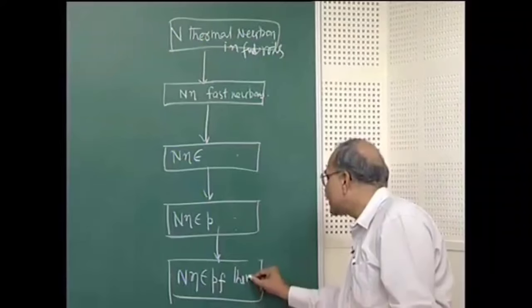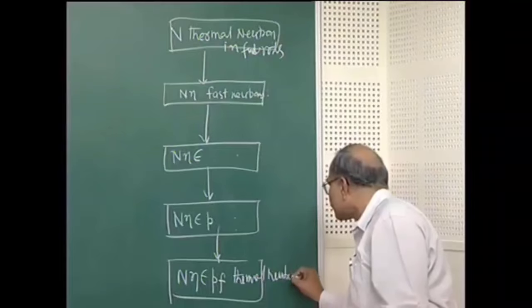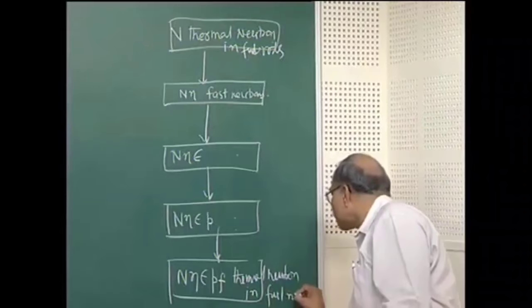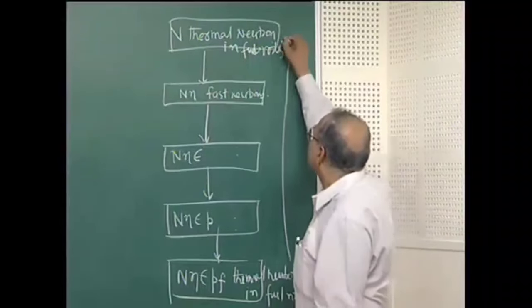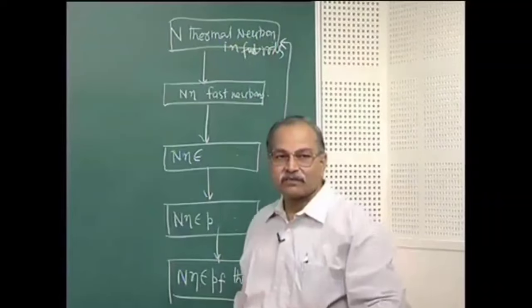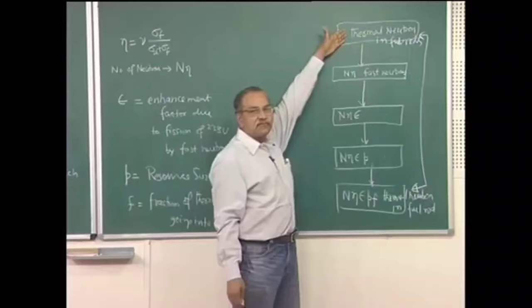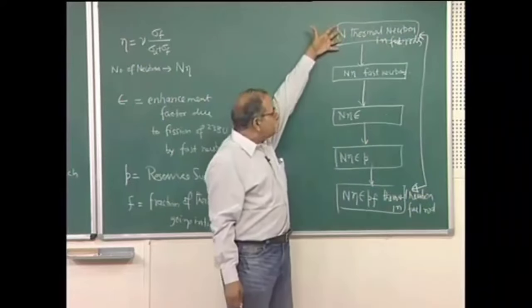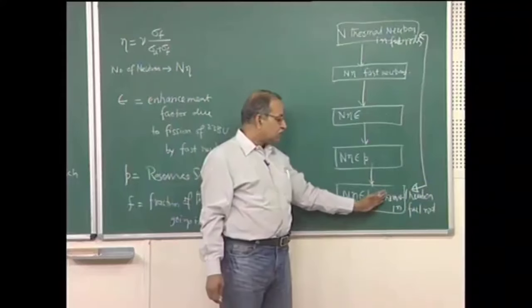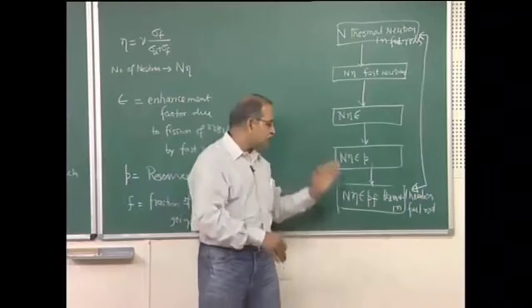And so, here once again these are thermal neutrons in the fuel rod, same as this. So, this is one generation. In one generation, these N thermal neutrons in the fuel rod have become N into eta into epsilon into p into f thermal neutrons in the fuel rod. So, in one generation, capital N has become this.